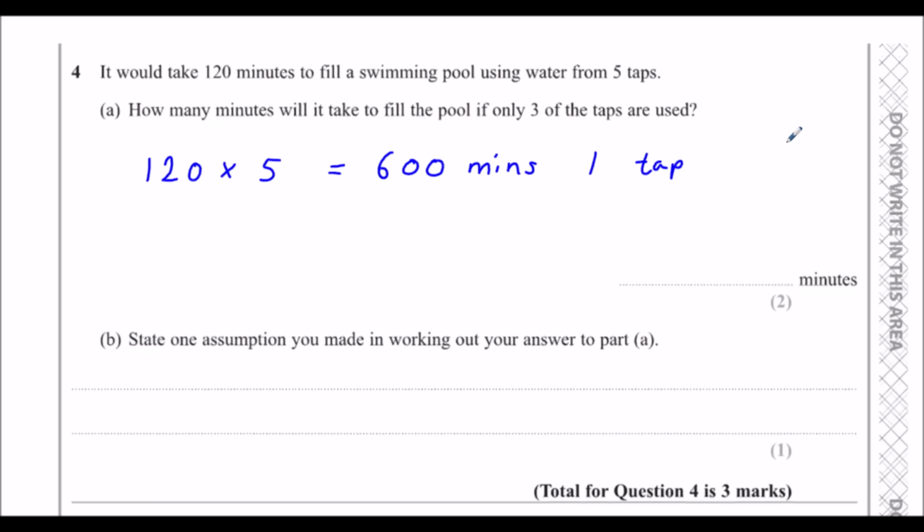So we need 600 minutes of flow of water to fill this swimming pool. So 600 shared out between 3 taps will give us 200 minutes for each of the 3 taps.